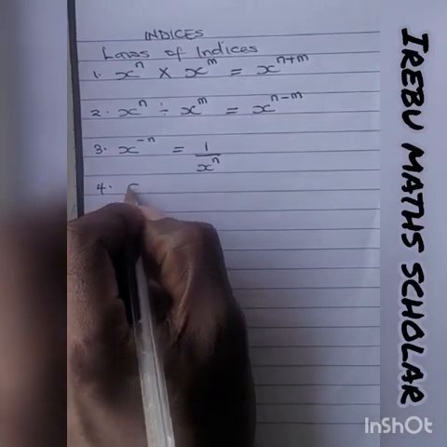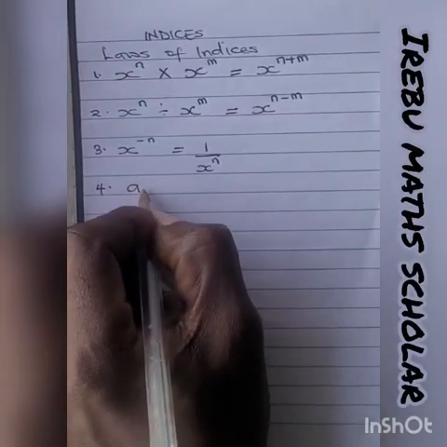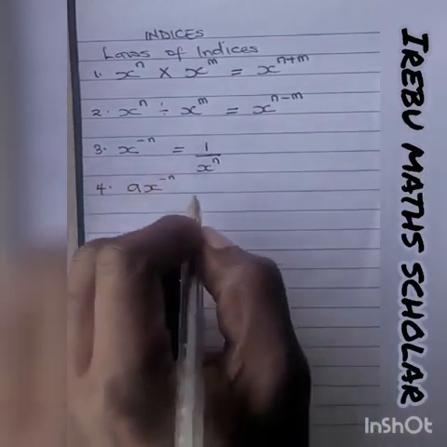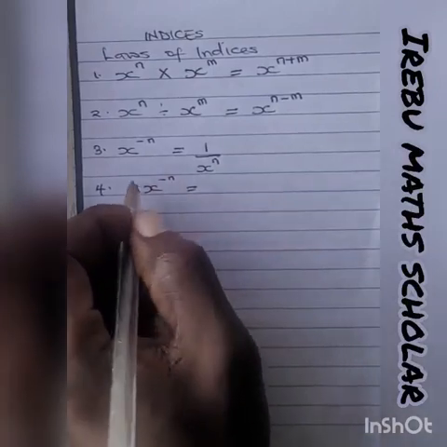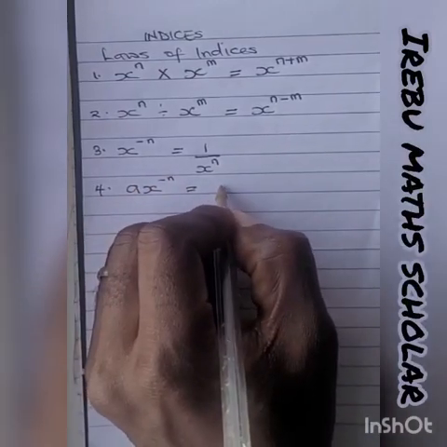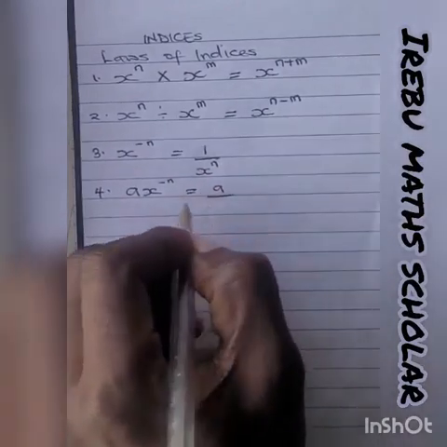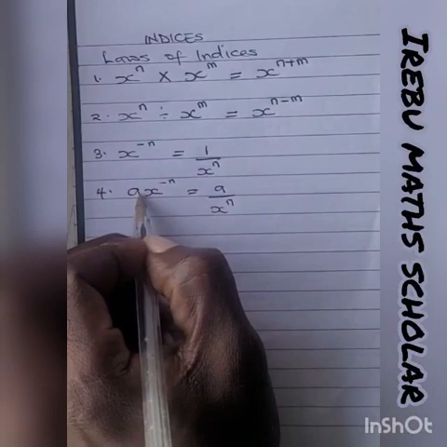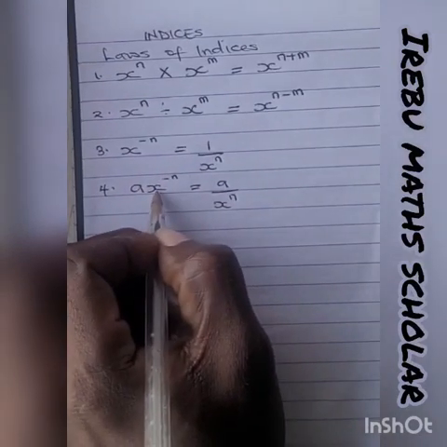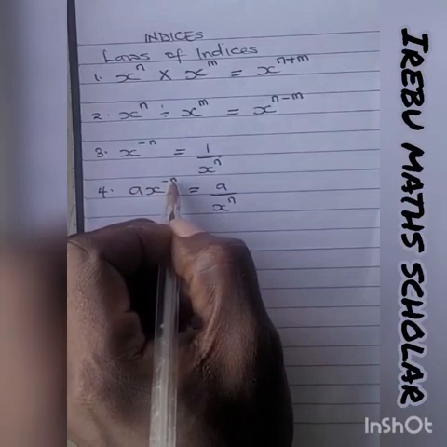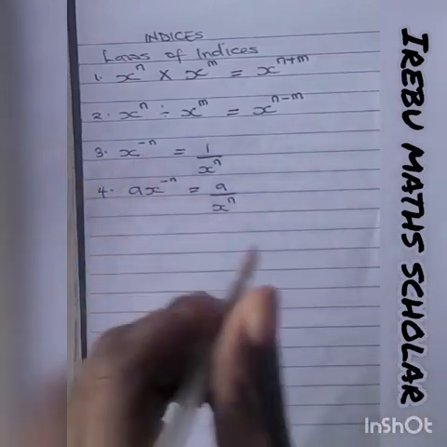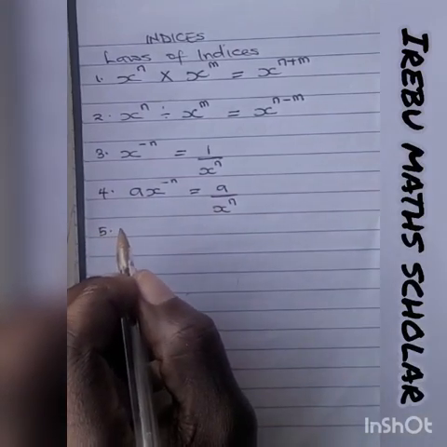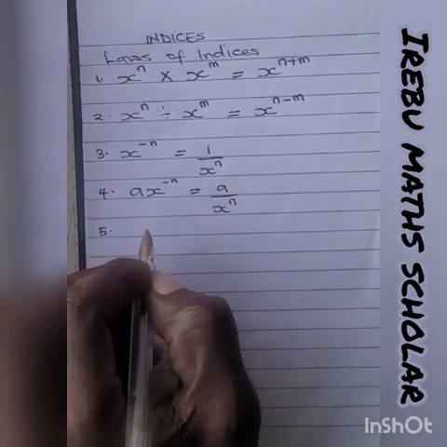If we have a as the coefficient of x to the power of minus n, your result will be, that coefficient will now be at the numerator, which is a all over x to the power of n. a is the coefficient, x is the base, while minus n is the power.